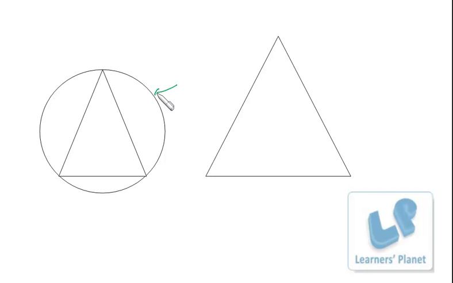So we know it as circumcircle. Okay, when the circle circumscribes this triangle, then it is known as a circumcircle. That means all the 3 vertices of the triangle are there on the circumference of the circle. So this is circumcircle.